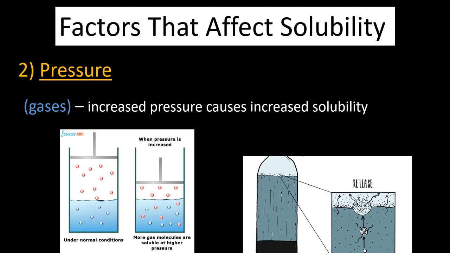If you increase the pressure, what's going to happen is the gas is going to have less room, and it will be forced closer to the liquid molecules, and the gas is going to enter into the liquid. And as long as that pressure stays there, that gas will stay dissolved in the liquid.